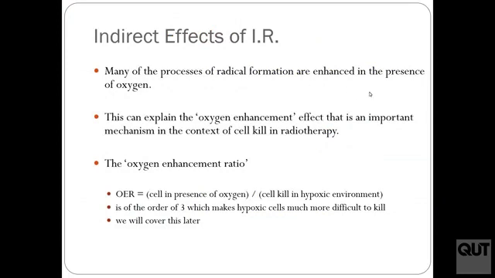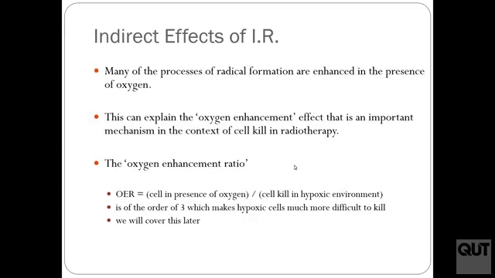Many of the processes of radical formation are enhanced in the presence of oxygen. So there's an oxygen enhancement effect. If you have oxygen in a cell, it will be more sensitive to radiation than a non-oxygenated cell. We'll cover this again later on.